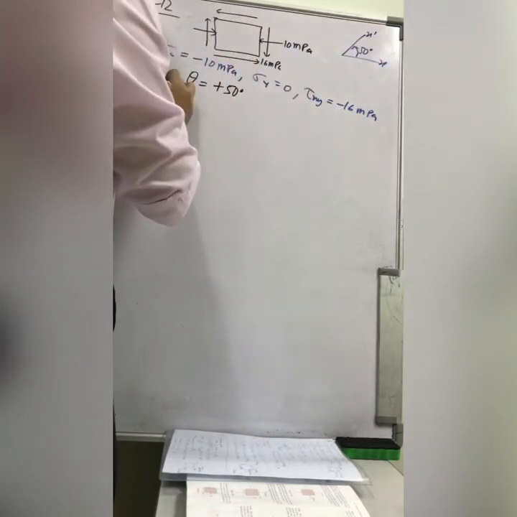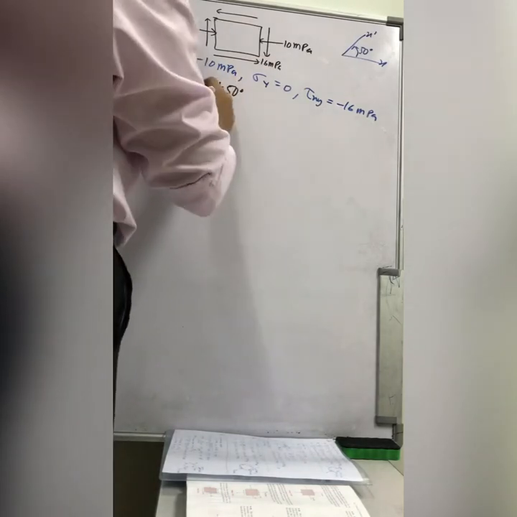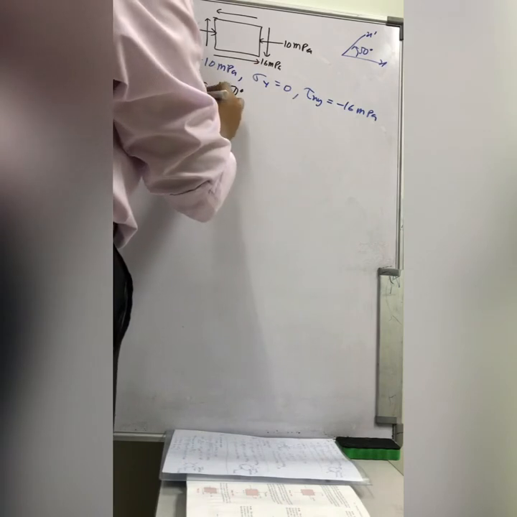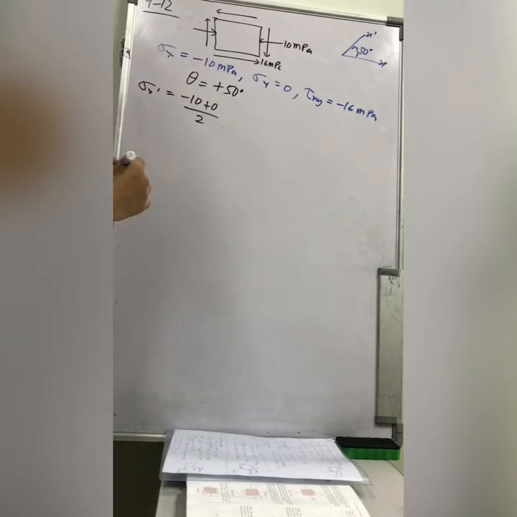So your sigma x prime is how much? The average, sigma x plus sigma y divided by 2, right?